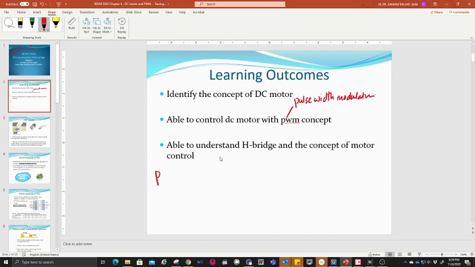It is the L293D. This is a driver for the motor, which I also call the H bridge. That is the objective for this lecture.